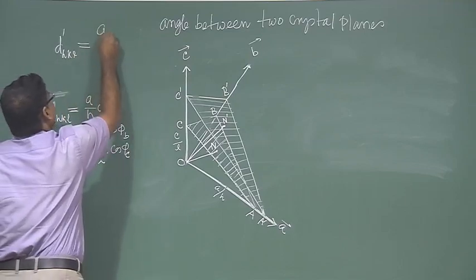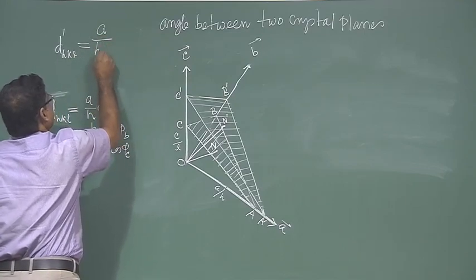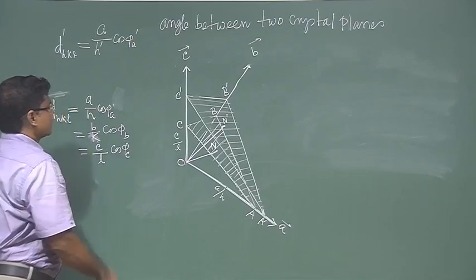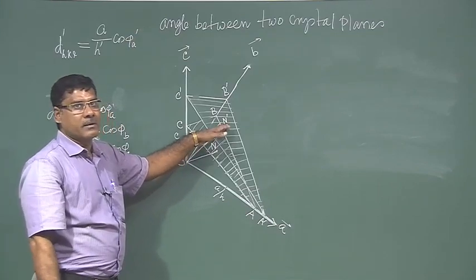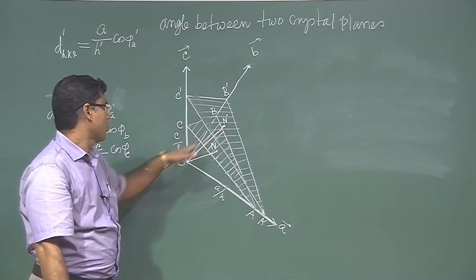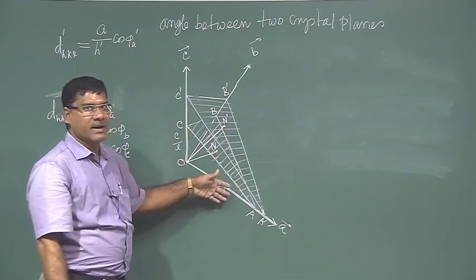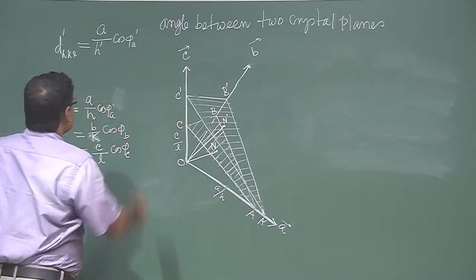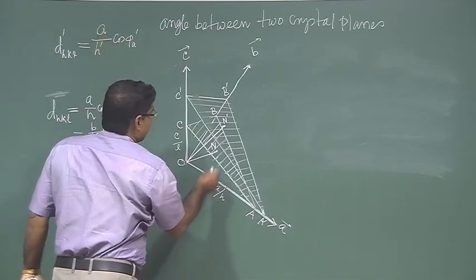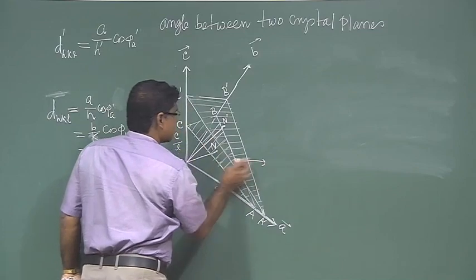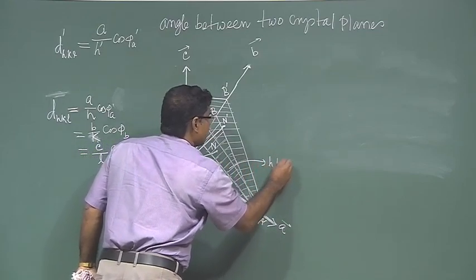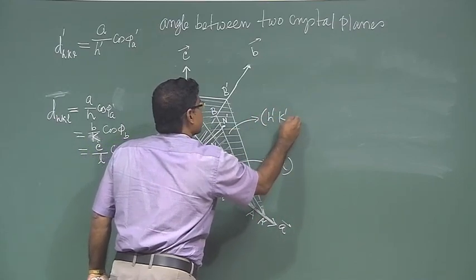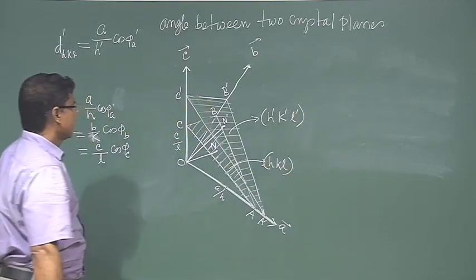So, you can write A by H dash, cos phi A dash. So, the direction cosines of this normal O n dash are cos phi A dash, phi B dash, phi C dash, and this is d by H dash. So, basically the Miller indices of this plane are H K L and the Miller indices of the other plane are H dash K dash L dash, right.